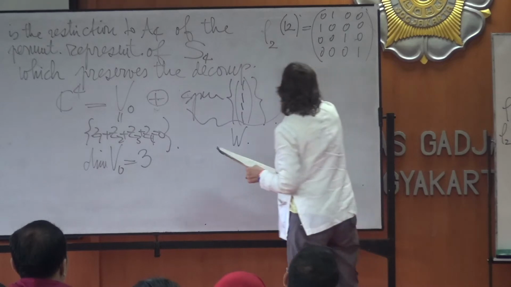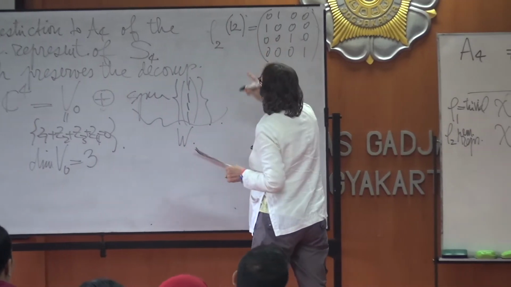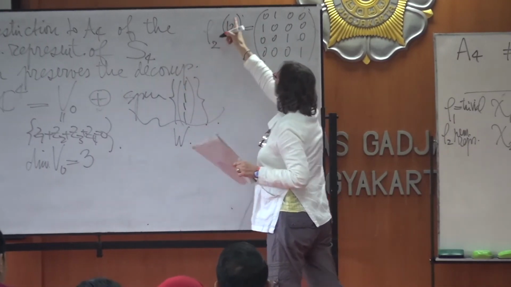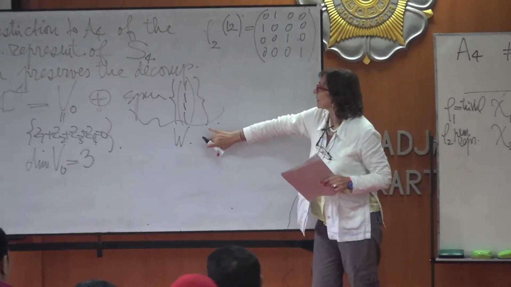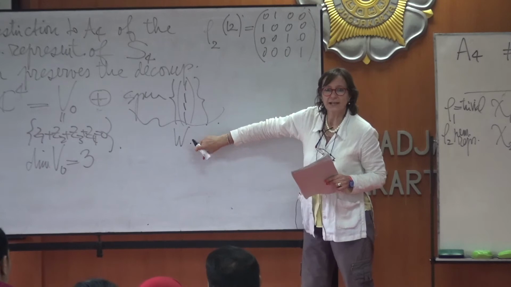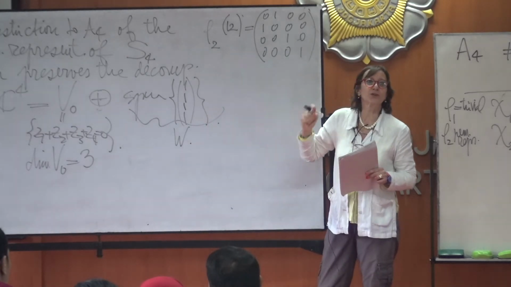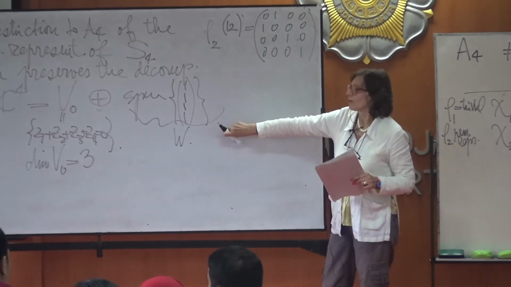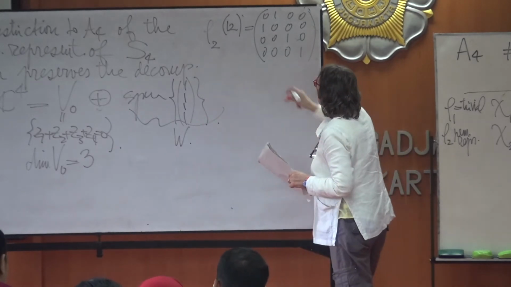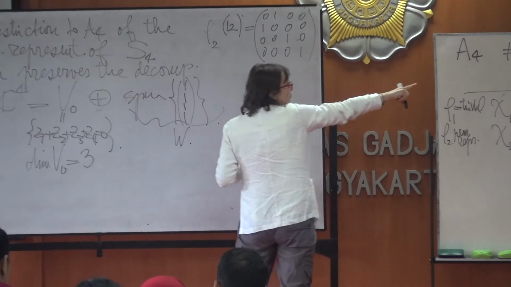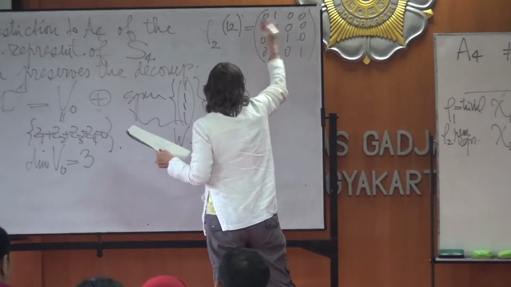And so the trace of this matrix is 2. But remember, this matrix acts trivially on W, so we always have to remove the contribution of this subspace. Then for a 2-2 cycle, we have to multiply 2 of these matrices.